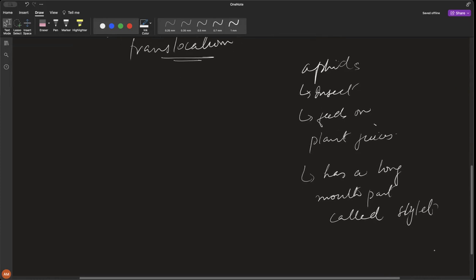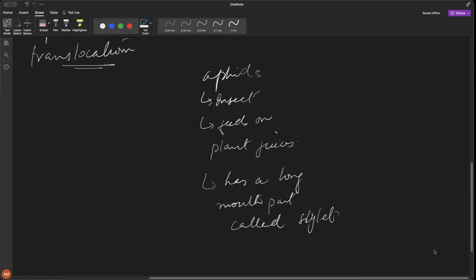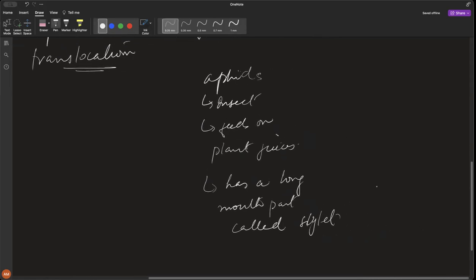It has a mouth part which is called stylet. The stylet is like a long protruding straw or a needle which has a hole at the end, and it can take juices from there.